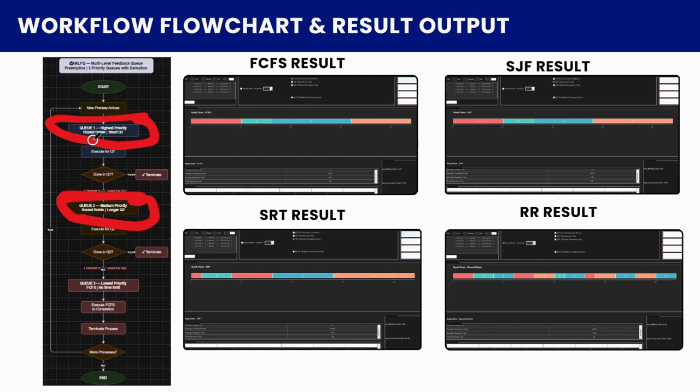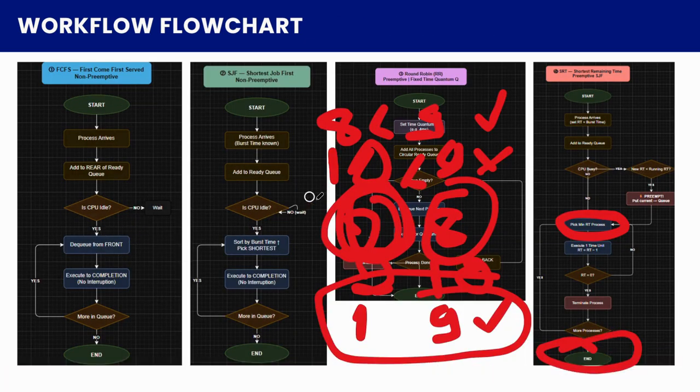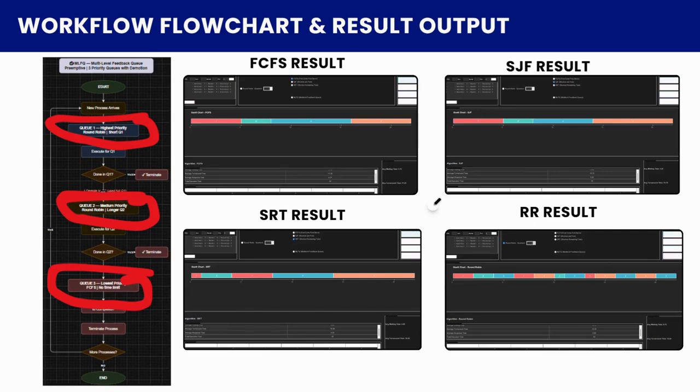The first queue has the highest priority, the second queue has medium priority, and the third queue has the lowest priority. We use first come first serve there. After the processes end, we will end our program. You will understand this more in our demo.